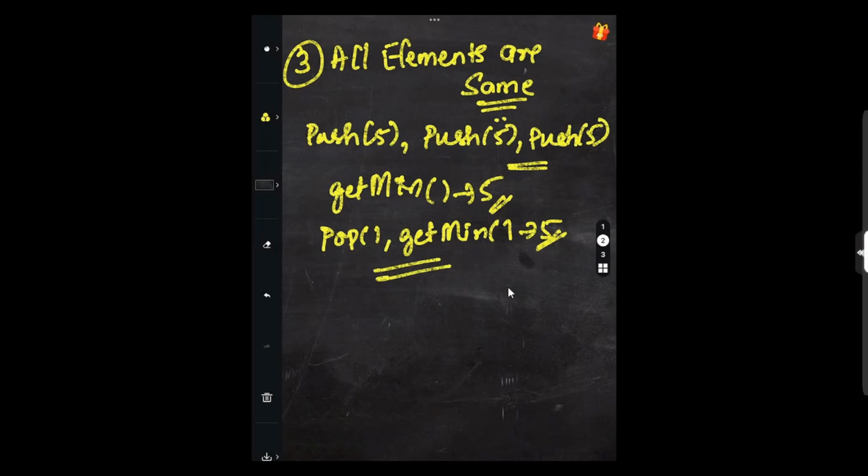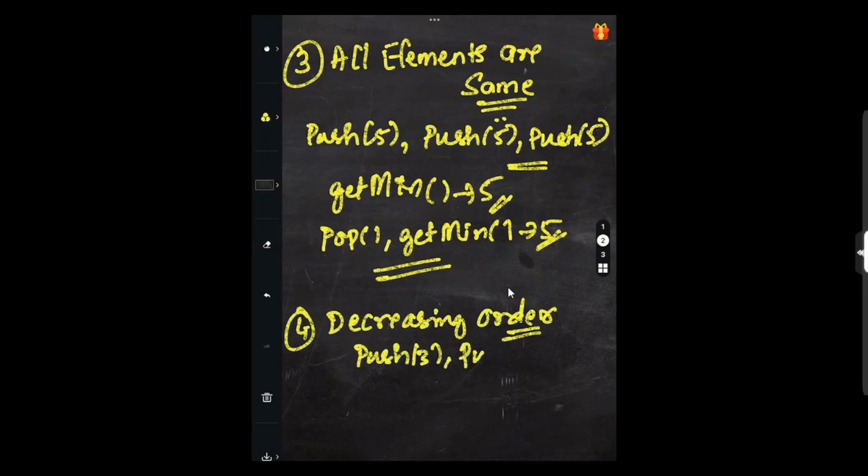So here let's move on with the fourth edge case, nothing but decreasing order. We have already considered the increasing order, right? So let's go with the edge case decreasing order. Let me consider here push of 3, push of 2, and push of 1 here. This is fine. And get min will be here again, minimum value will be 1.